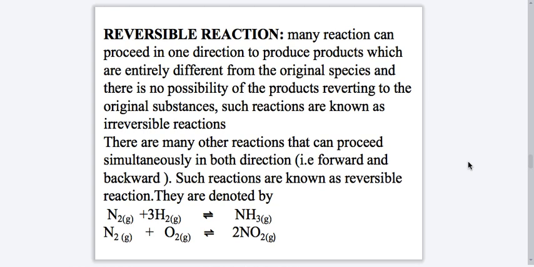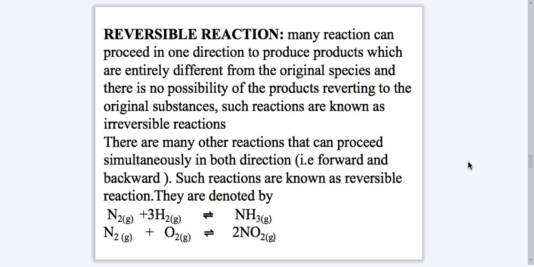That is, when a reaction proceeds from reactant to product and there is no reversible sign, it is called an irreversible reaction. On the other hand, we have many other reactions that can proceed in both directions simultaneously. That is, they can go forward and also reverse backward. These reactions are known as reversible reactions.